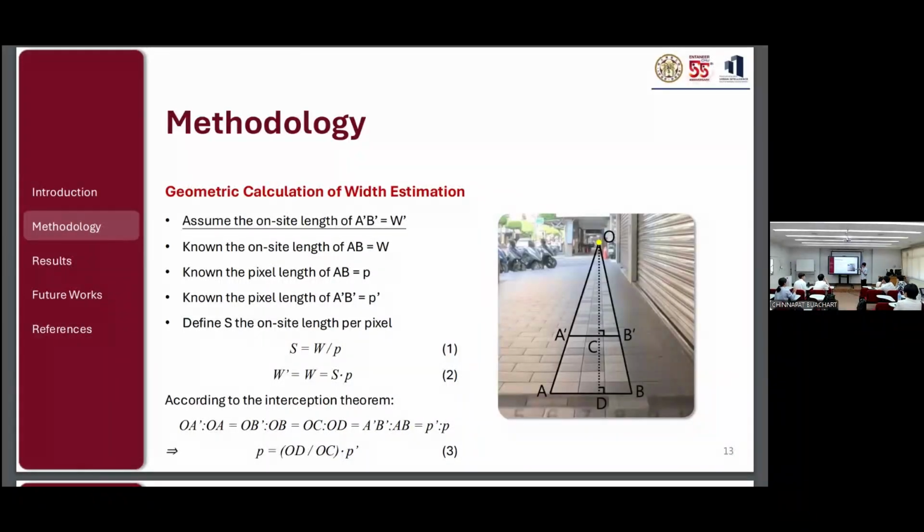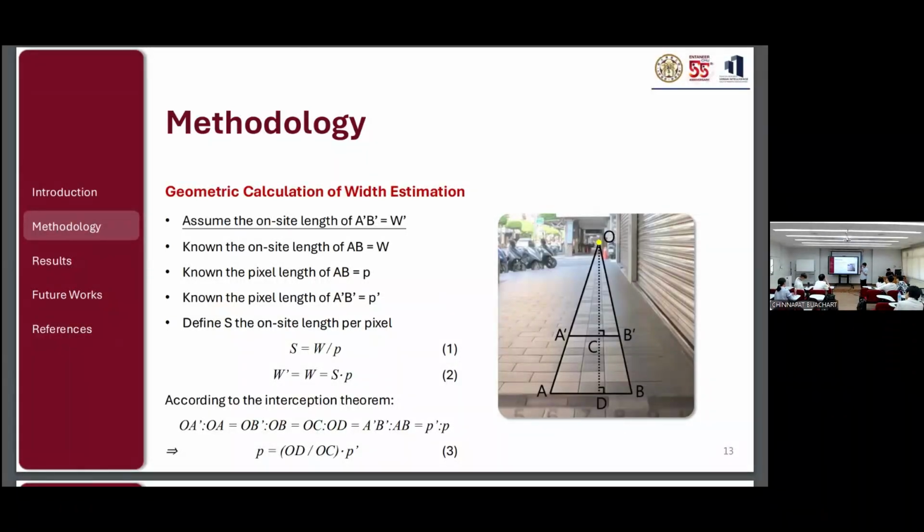AB is the known width that we get from on-site measurement, giving the real length W. The pixel lengths of AB and A prime B prime can be obtained in the computer from the X and Y coordinates. Let's define S as how long one pixel represents in real length. So S equals W divided by P.